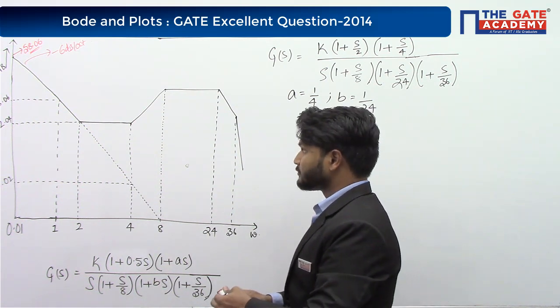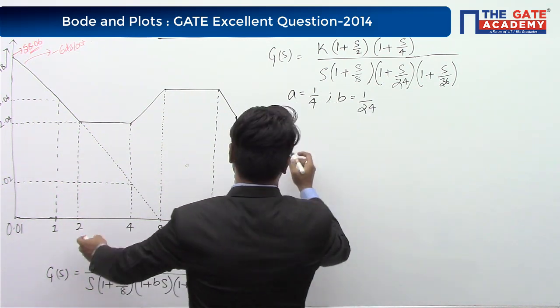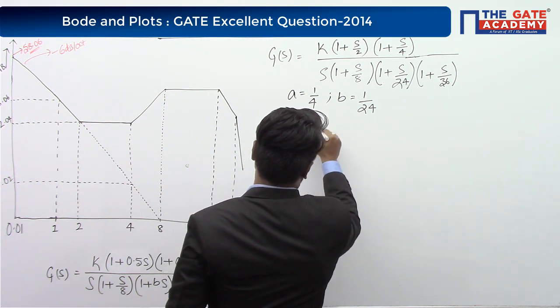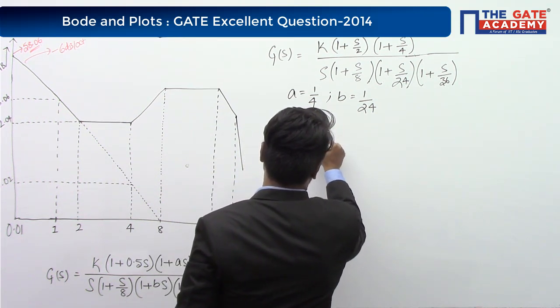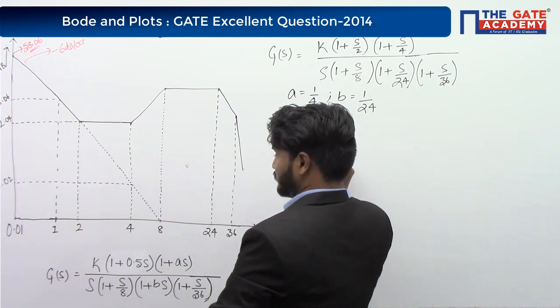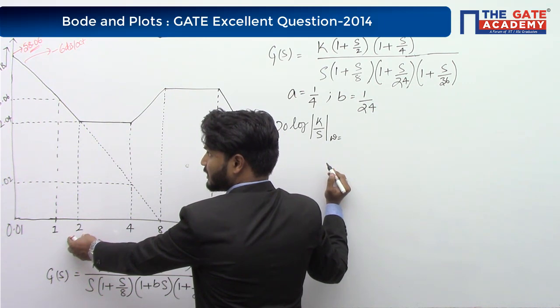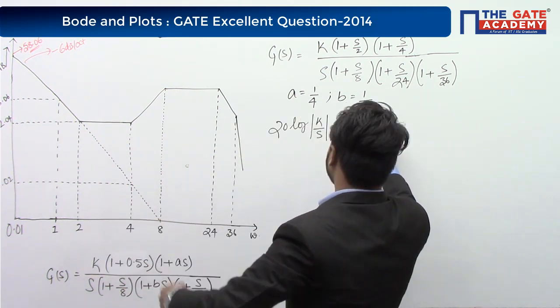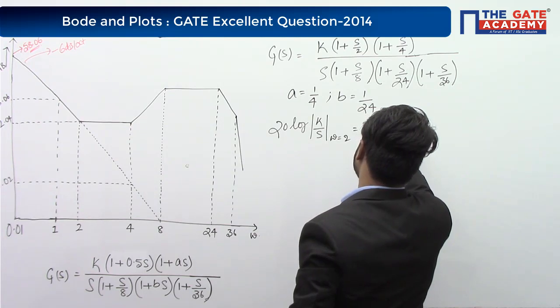See here, you can equate 20 log modulus of K upon S at omega is equal to 2. That is equal to how much? 12.04.